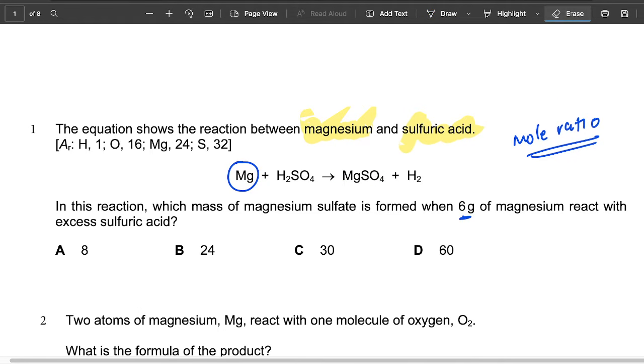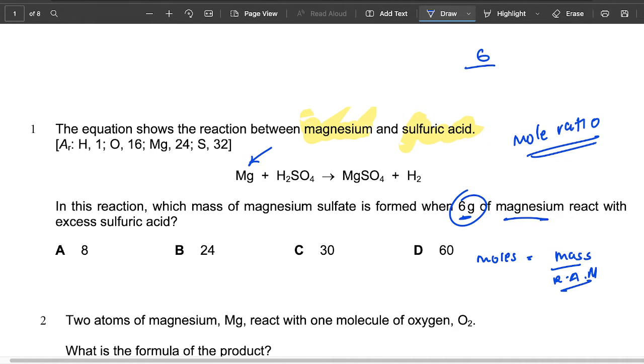So let's start off by finding the moles of magnesium. To find the moles, we know that moles is equal to the mass over the RAM. They've given us the mass of magnesium as 6 grams, and the RAM of magnesium is right here, which is 24.